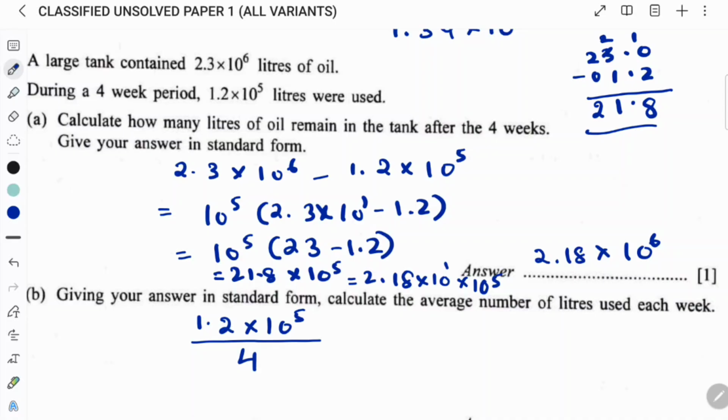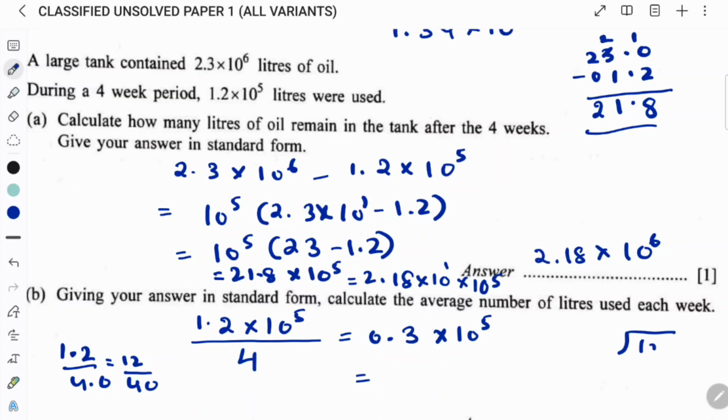So 1.2 divided by 4 means 0.3, or you can do it like this, 12 divided by 40, 0.3 will be there. So that is 0.3. Remember and recall your decimal division, I've already taught you.